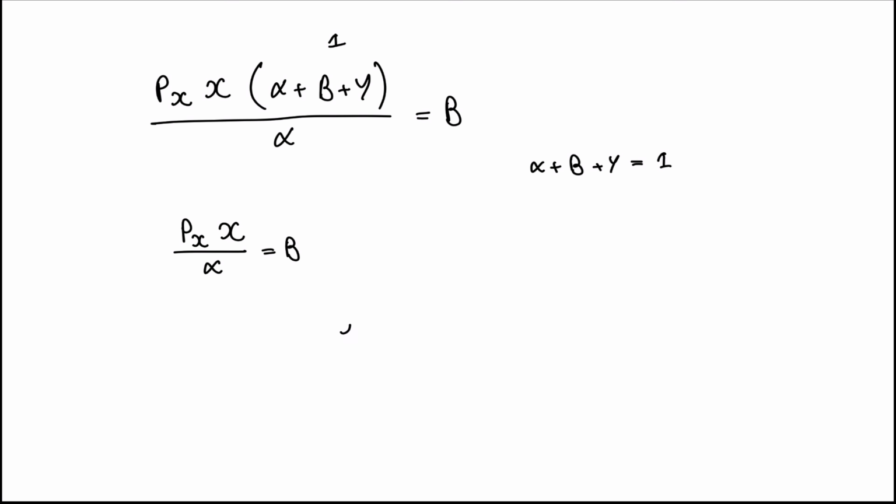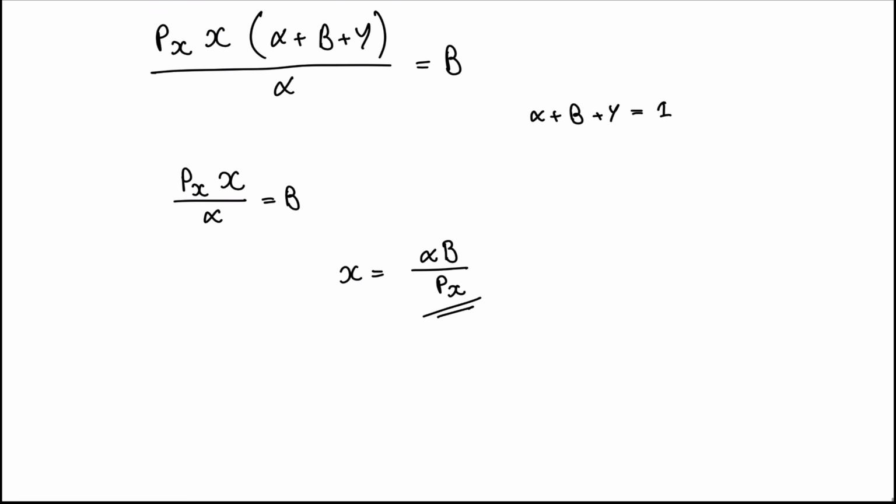If we make x the subject now, we get alpha multiplied by b all over px as our value for x.